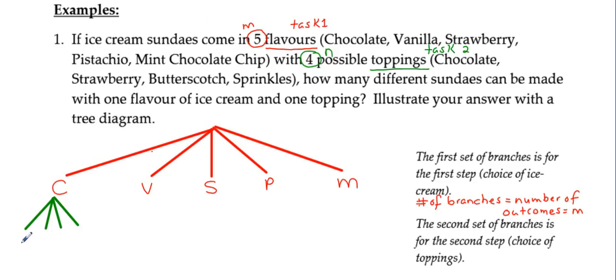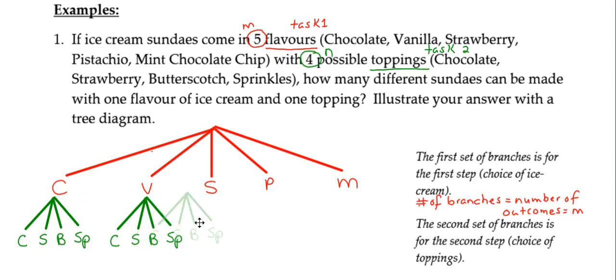So we have chocolate, strawberry, butterscotch, and sprinkles. These 4 branches go on the bottom of each of the first initial 5 branches.